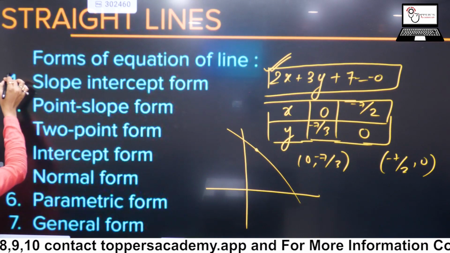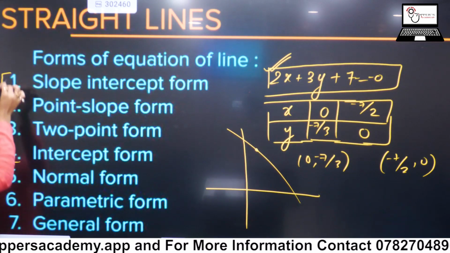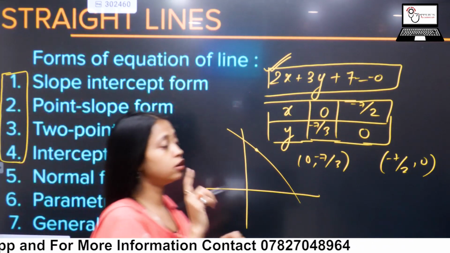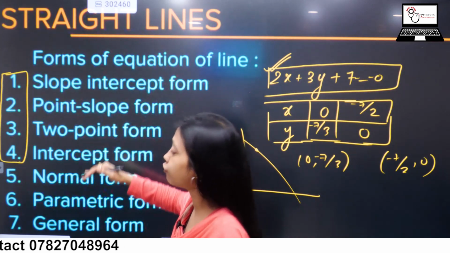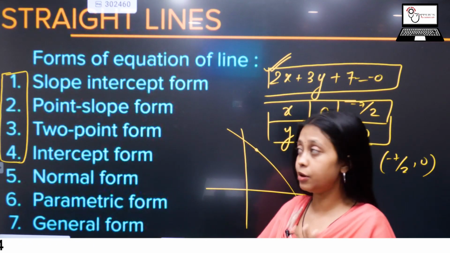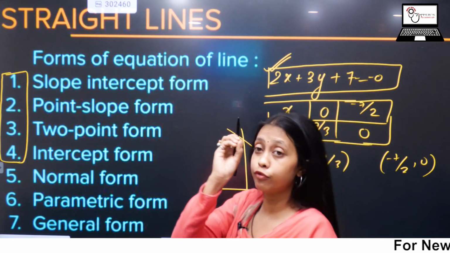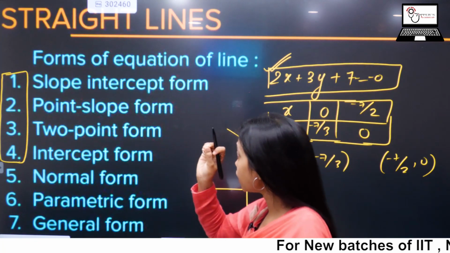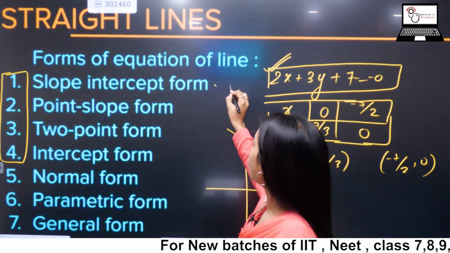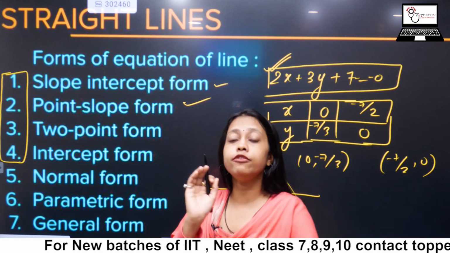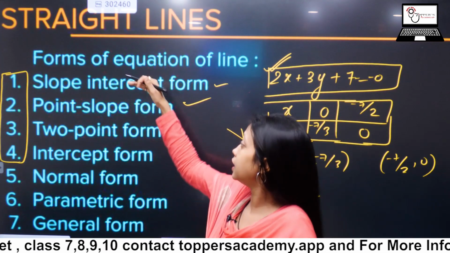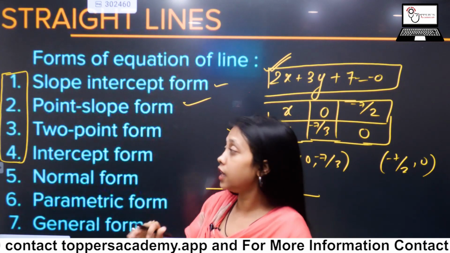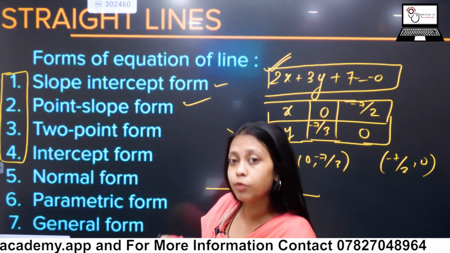In total we have 7 forms, and out of these, 4 are very, very important. Even if I have to focus on the most important forms, only the first 2. 90% of our questions will be done by only these 2. I am not saying they cannot be done by any other form, they can be.